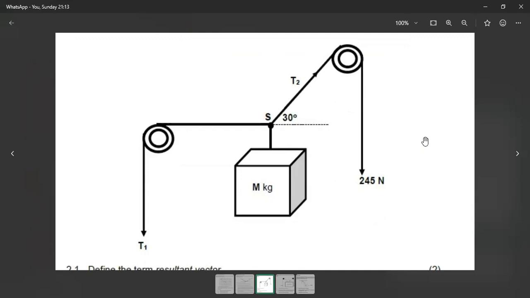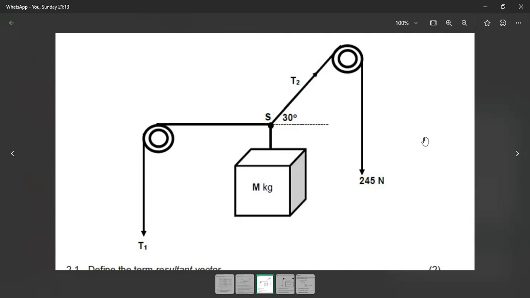And we are given that the magnitude of T2 is 245 newtons. We also have a third force, which is the gravitational force. It's going downwards and acting on this crate.